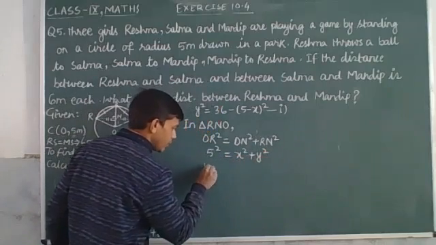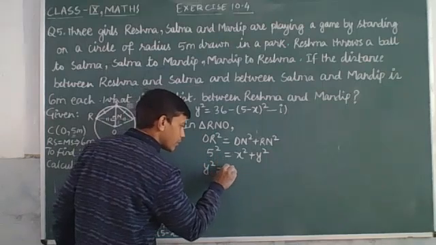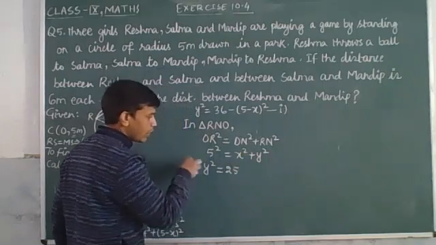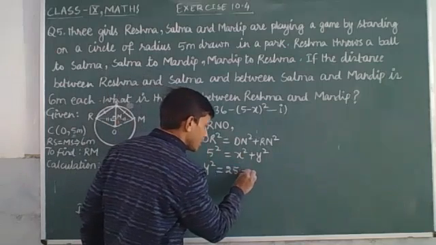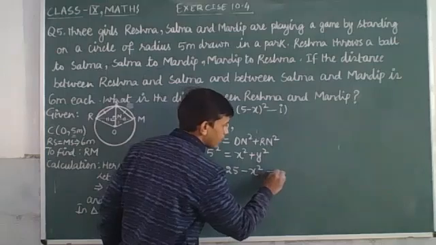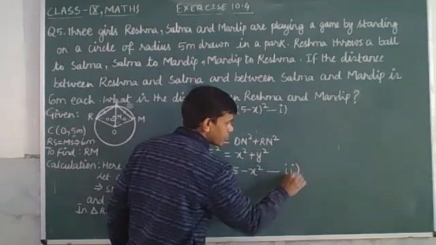So that y square becomes 5 square, 25, minus x square. Let this be equation 2.